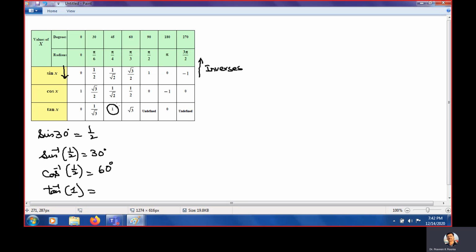See, the value is 1 here. Yes, 1, 45 degree. Clear? So we are writing 45 degree. So we can see the table. What is the value of sin 30? Come forward. Sin inverse 1 upon 2, go backward. This is the way you are doing it. So this table you need to remember.